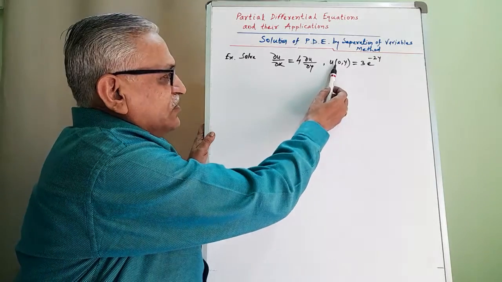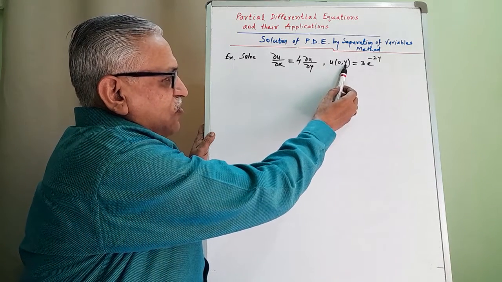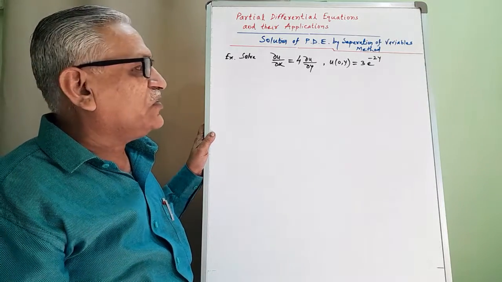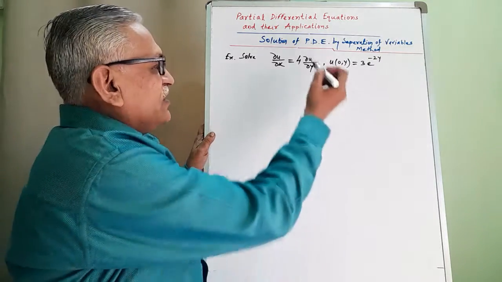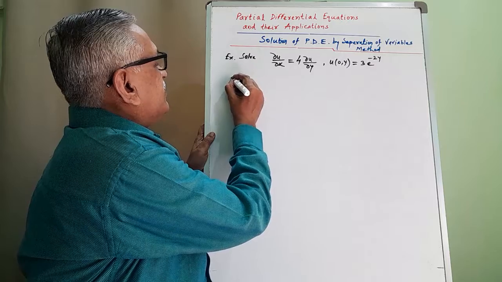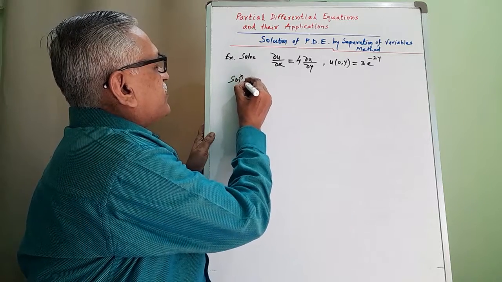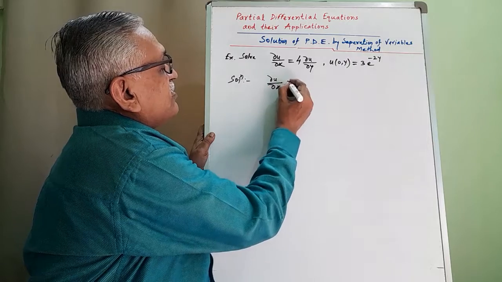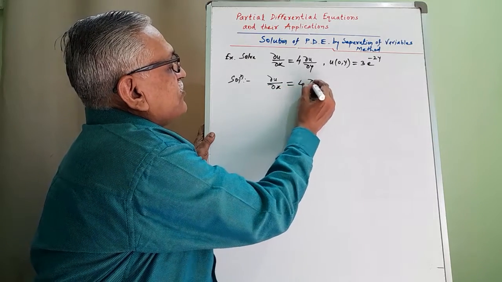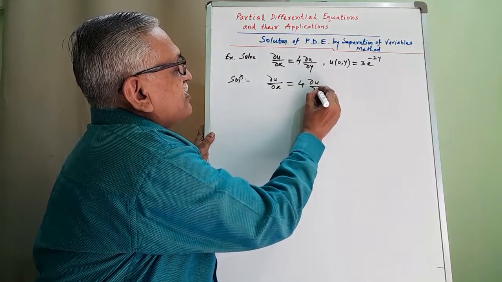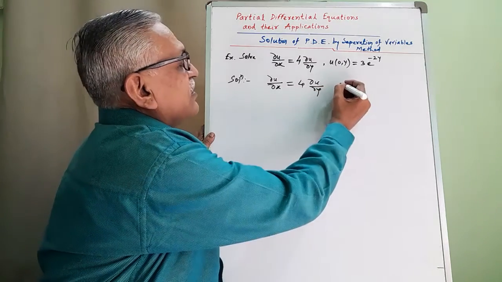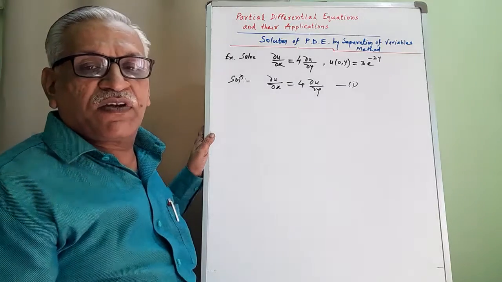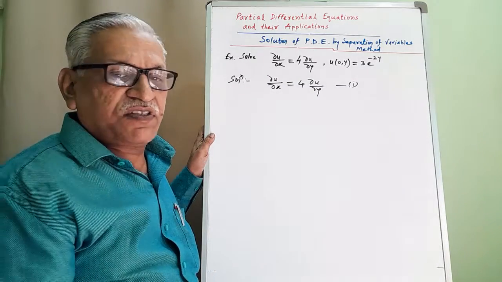The condition means that when x is 0, for all values of y, we get the value of u as 3e^(-2y). Therefore the given partial differential equation is ∂u/∂x = 4 ∂u/∂y, equation number 1.